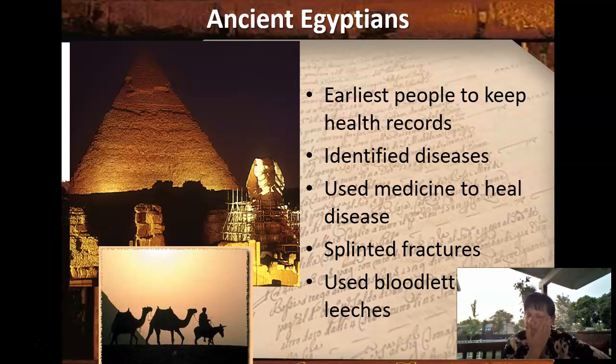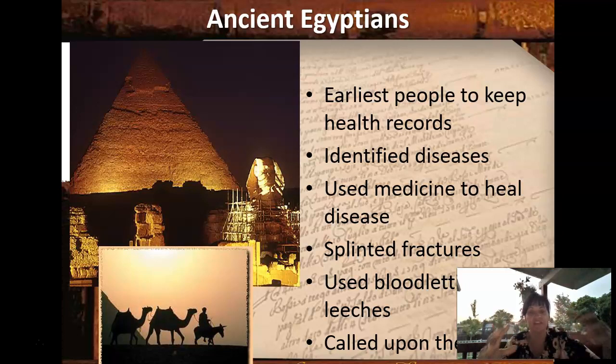Even today, for some dermatology reasons, they'll use it, or to get blood flow back to an area, say after some cosmetic work is done, they might use leeches to get the connections of blood flow through that area again. And Egyptians would still call upon the gods. They really thought that the gods helped in the healing.